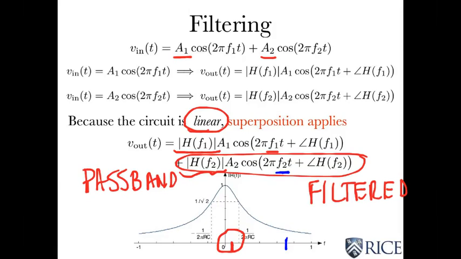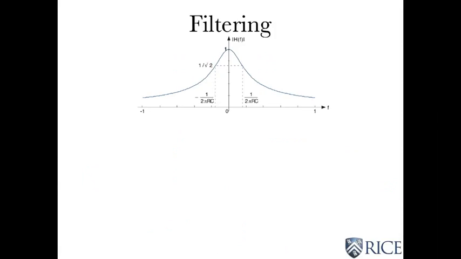And for frequencies that are much higher, you're in what's called the stop band. The circuit, the filter, tends to stop that from coming out. So this again is a low pass because it's in the low frequency regions that get passed through, and the high frequencies tend to be attenuated.